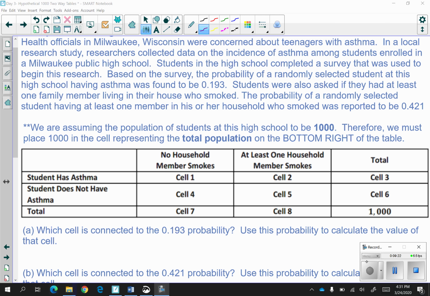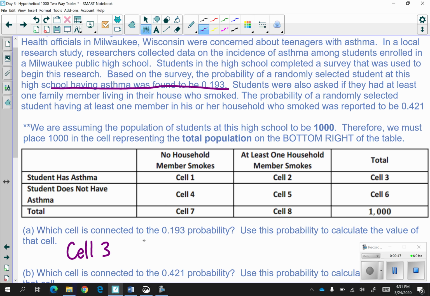So for part A, they want to know which cell is connected to the 0.193 probability. So 0.193 in the problem was related to the number of students who have asthma. So the number of students who have asthma on your graph is going to be cell 3.